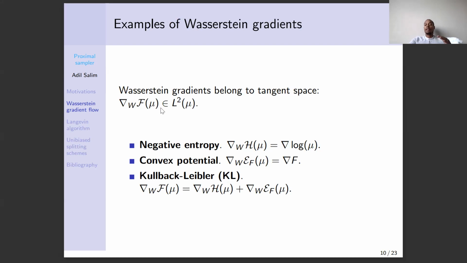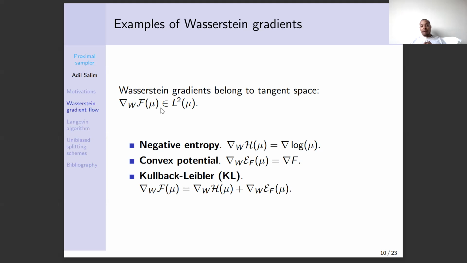Think about the Wasserstein space like a Riemannian space. Each point in this space is a measure mu, and the gradient of F at mu will be an element of L2 of mu. So L2 of mu plays the role of the tangent space. You are at mu, you have the tangent space, which is basically L2 of mu, and the gradient of F at mu will be an element of the tangent space.